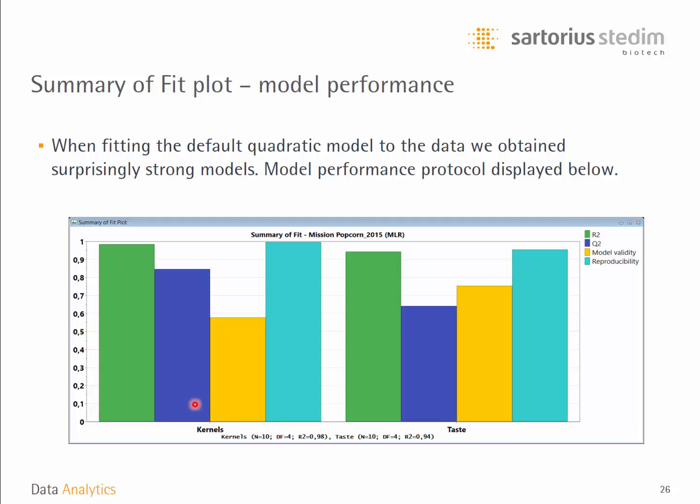The really critical parameter is the dark blue bar, which indicates the predictive power of the model. In this case, we have 2 very strong models for both responses, meaning that there is a strong influence of the 2 factors, time and power, on the 2 responses, kernels and taste.